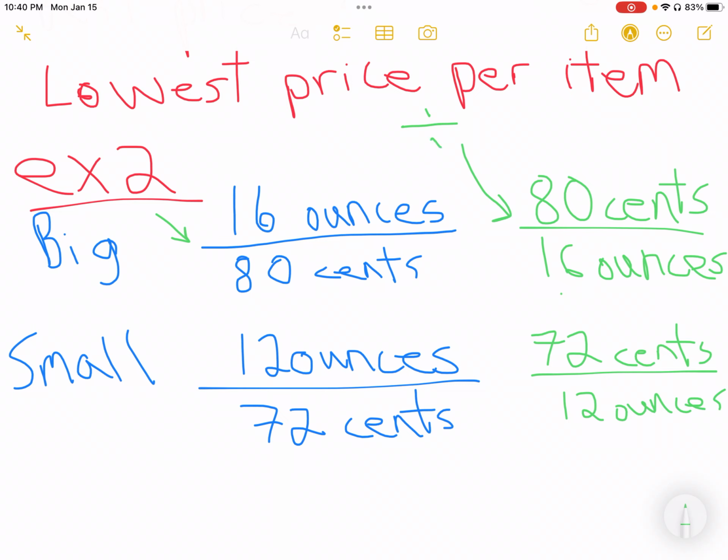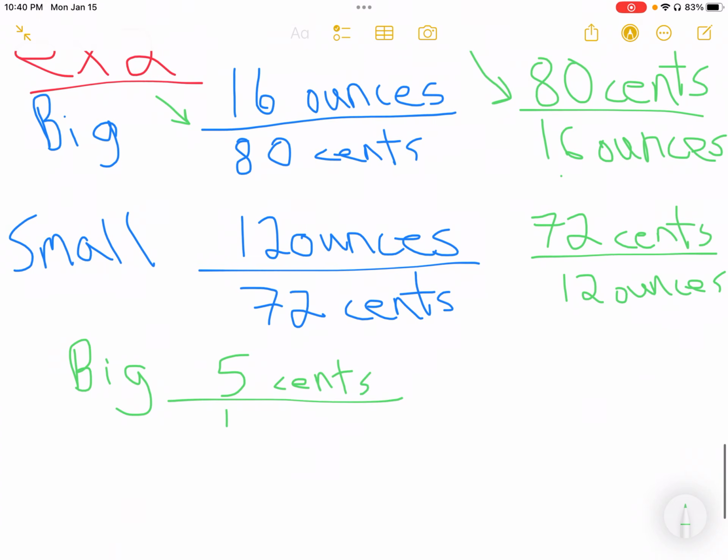So if I want to summarize my big can, let's do it in the green here. If I did 80 cents for 16 ounces, then I have 5 on the top, because 16 will go into 80 5 times. So that means I have 5 cents, and that's 1 ounce, okay?